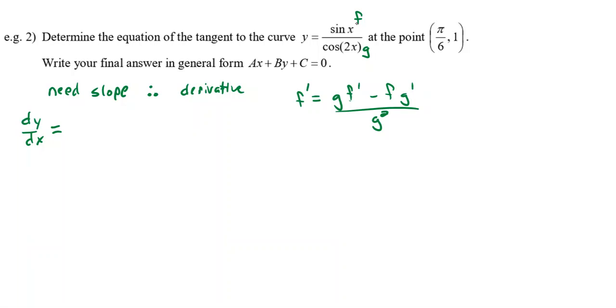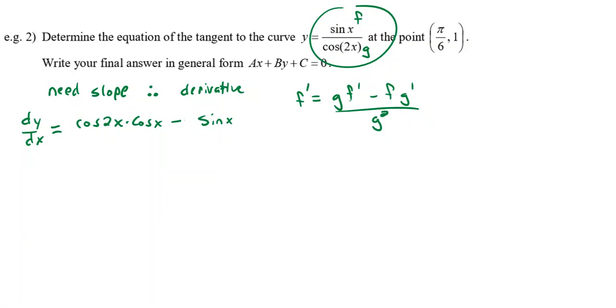Okay, so applying this to our situation, this would be cos 2x, that's just g, times cos x, the derivative of sine, plus sine x, just f, and then the derivative of g. Oops, sorry, I wrote plus; I should have written minus.